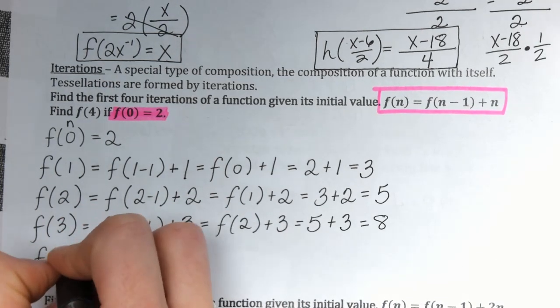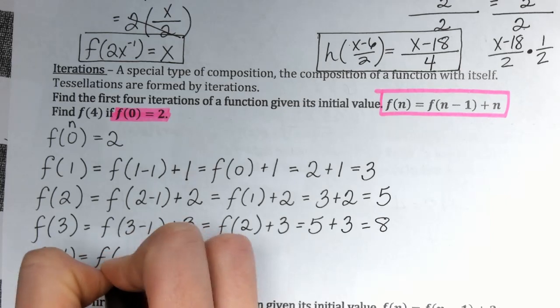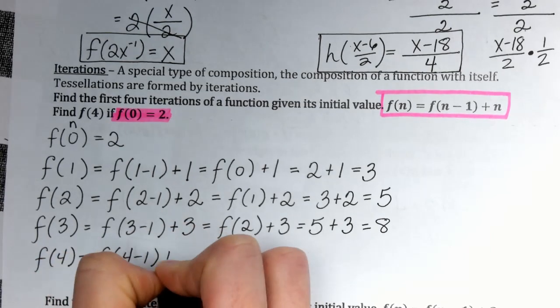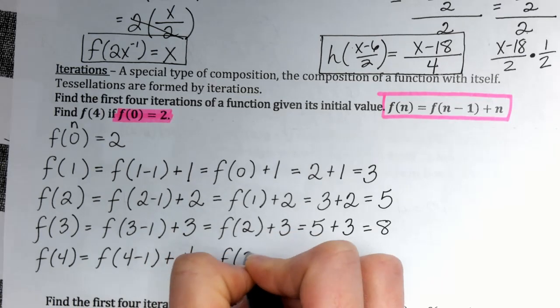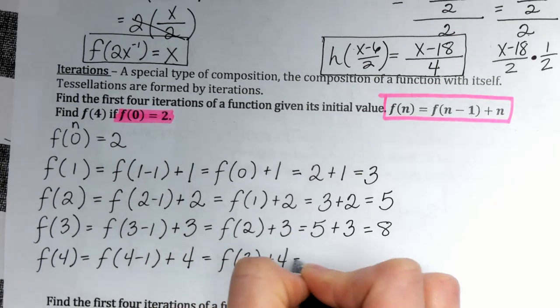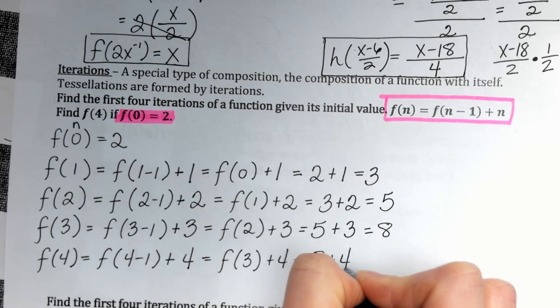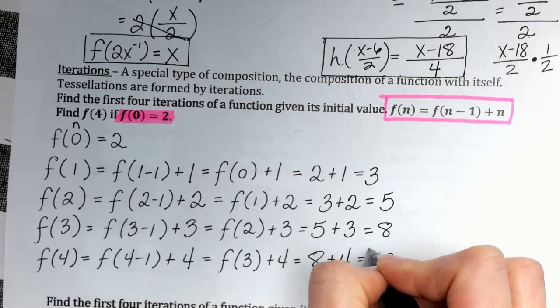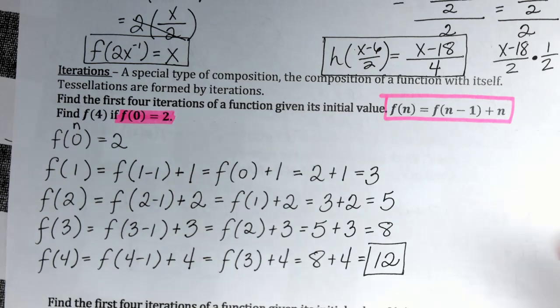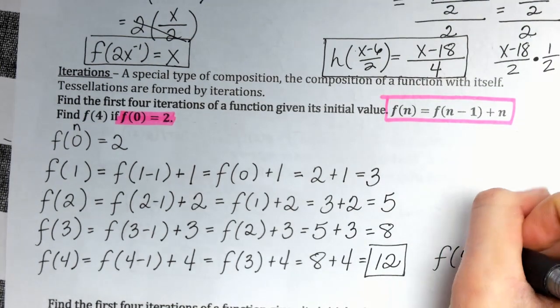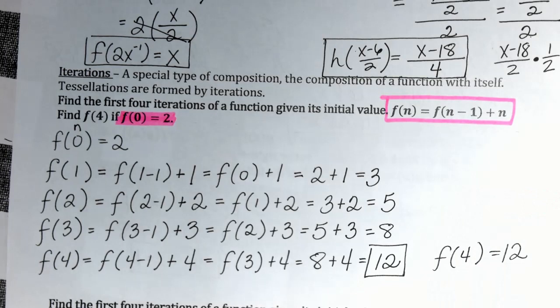So f of 4 is f of 4 minus 1 plus 4. So f of 4 is equal to 12.